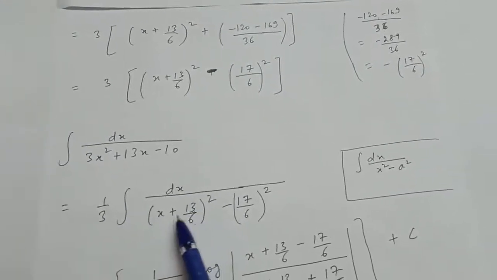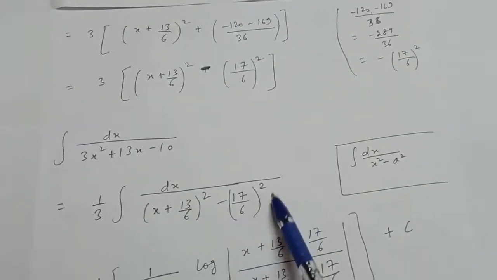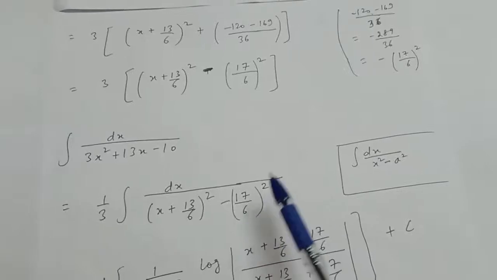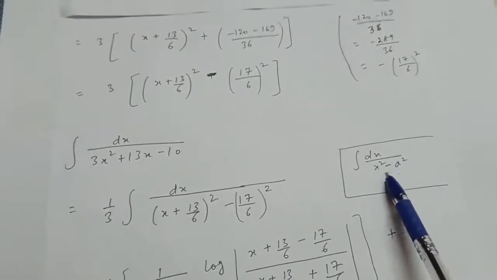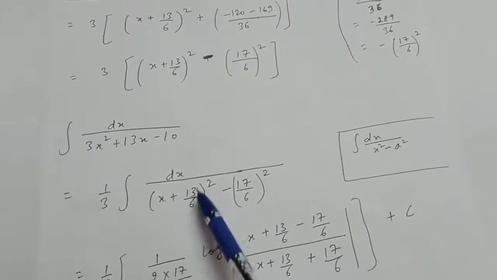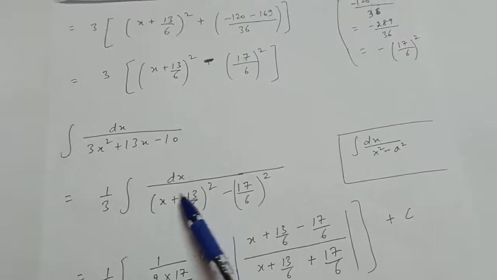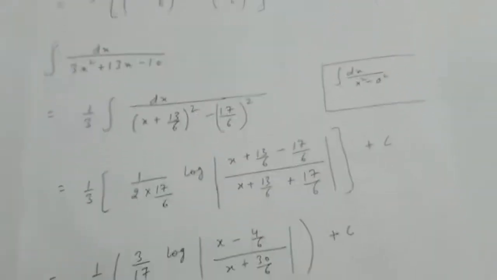You will get x plus 13 by 6 whole square minus 17 by 6 whole square, right? Now this is the integral of the type 1 upon x square minus a square, where here x is this complete x plus 13 by 6. Either you can take it as equal to t or you can directly apply the formula.